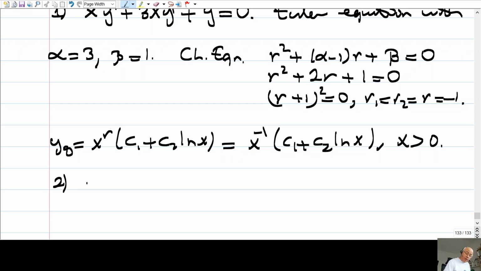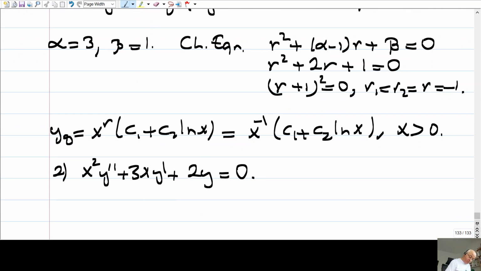Okay, let's do another example. y double prime, 3x y prime plus 2y.